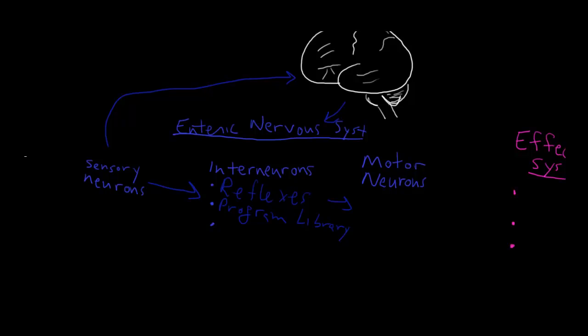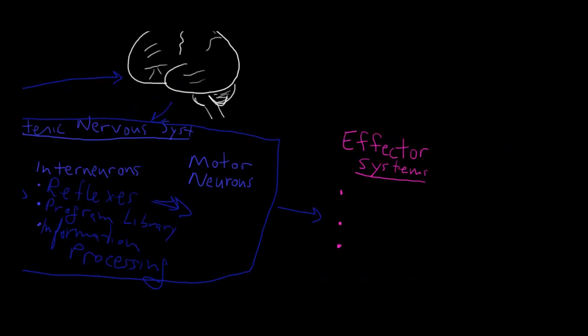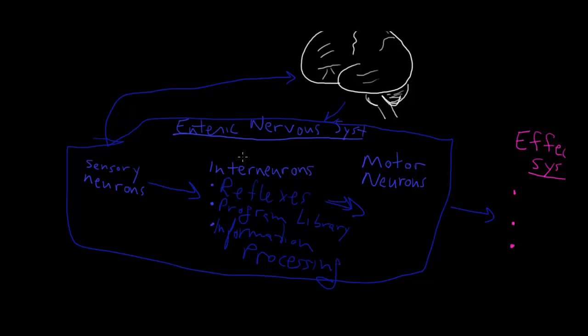And of course, the other thing is information processing. And then this information goes to the motor neurons, and this kind of wraps up our enteric nervous system. And then we see that information going onto our effector systems.